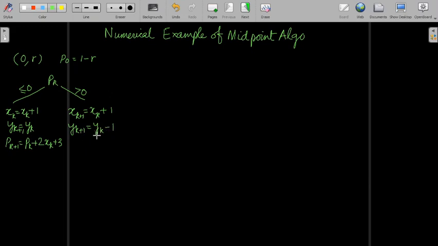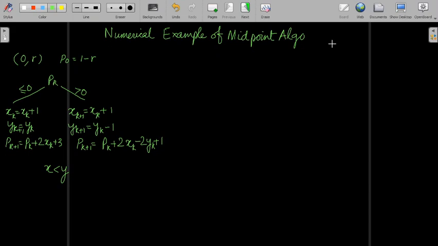Yk plus 1 becomes equal to yk minus 1, and the decision parameter in this case will be equal to the old value of the decision parameter plus 2 xk minus 2 yk plus 1. And we have to repeat this procedure until x is less than y. Whenever x becomes equal to y or x exceeds y, we will stop there.